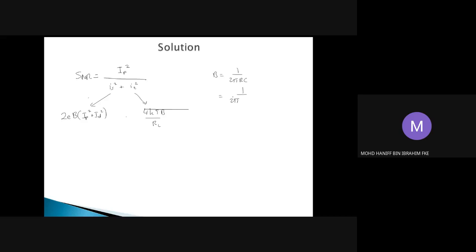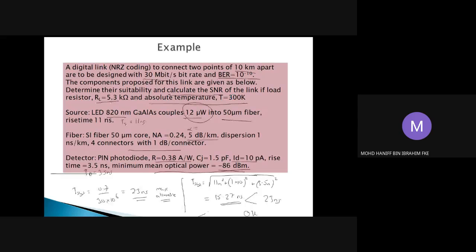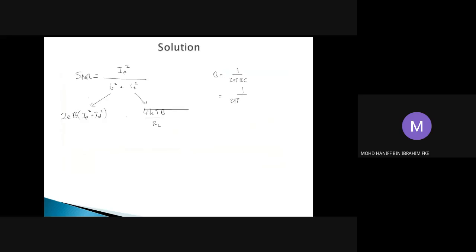If we recall, R equals 5.3 kilo-ohms as the load resistor, whereas the capacitance C equals 1.5 picofarad, or 1.5 times 10 to the negative 12. That should be the bandwidth of your receiver, and it has a value of 20 megahertz. You can prove this on your own, 20 megahertz.